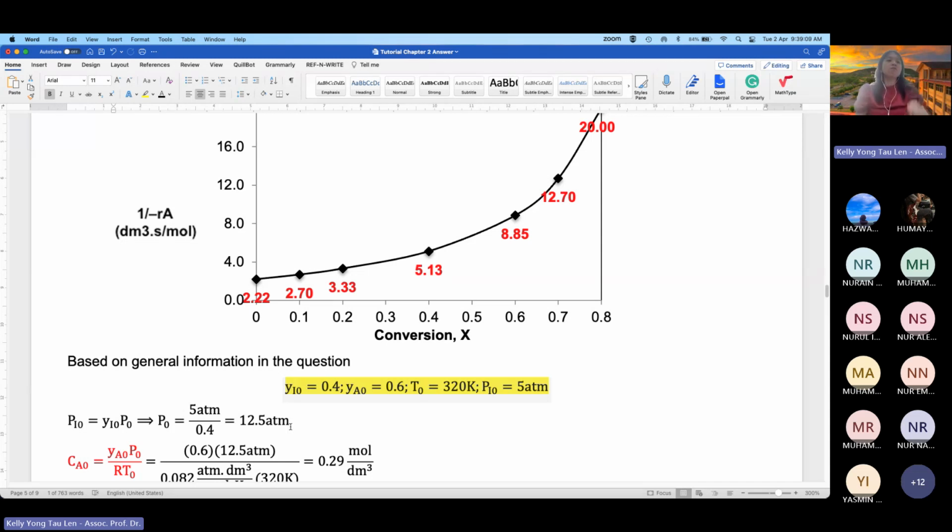So we use Y for mole fraction, I for inert, and since this is the inlet mixture, it becomes Y_I0, the initial mole fraction of inert, as 0.4. Therefore the initial mole fraction of A must be 0.6, because the total mole fraction is 1, or the total mole percent is 100. If I have 40% inert, I will definitely have 60% of A. That's the two pieces of information I synthesized from the first sentence.